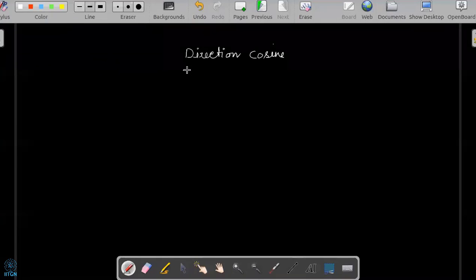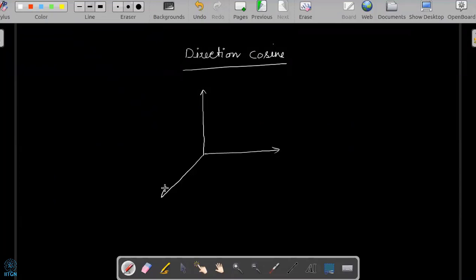Okay, so let's consider a space. We have x1, x2, x3. Let's consider a vector v, and here we have the base vectors e1 cap, e2 cap, and e3 cap.